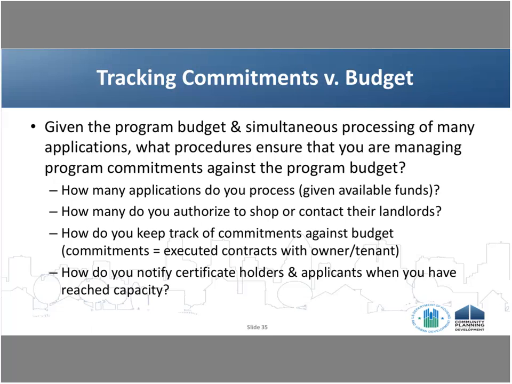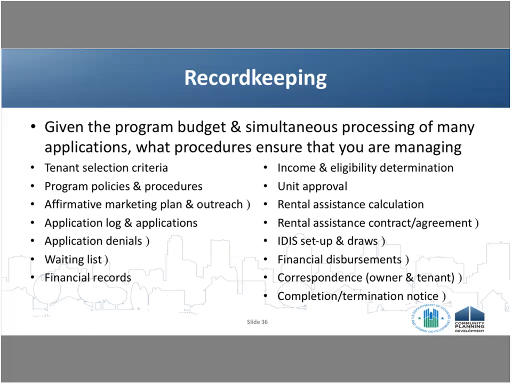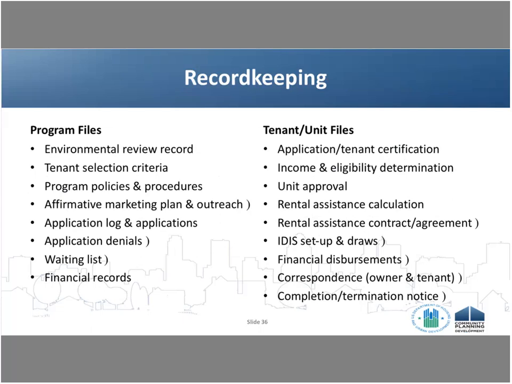This is not your traditional commit several $100,000 to an individual project and then track that project. There are multiple commitments that are floating, or potential commitments that are floating around out there, and you need to manage it. The one last thing about administration is I'm going to go back to the record-keeping issue.